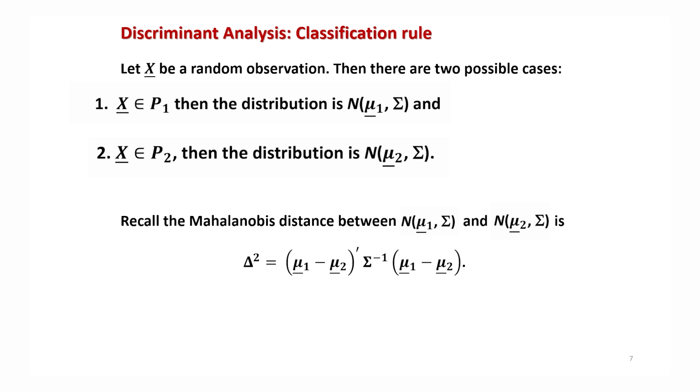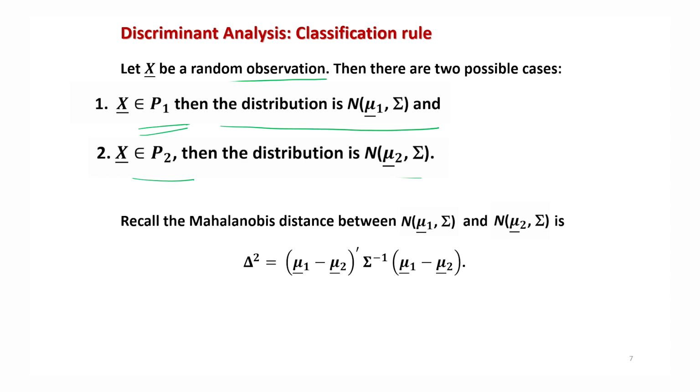Based on that, I will now calculate the probabilities of misclassification. Suppose x is a random observation, so there are two possibilities: if x belongs to P1, then the distribution is normal(mu1, sigma), and if x belongs to P2, then the distribution is normal(mu2, sigma).